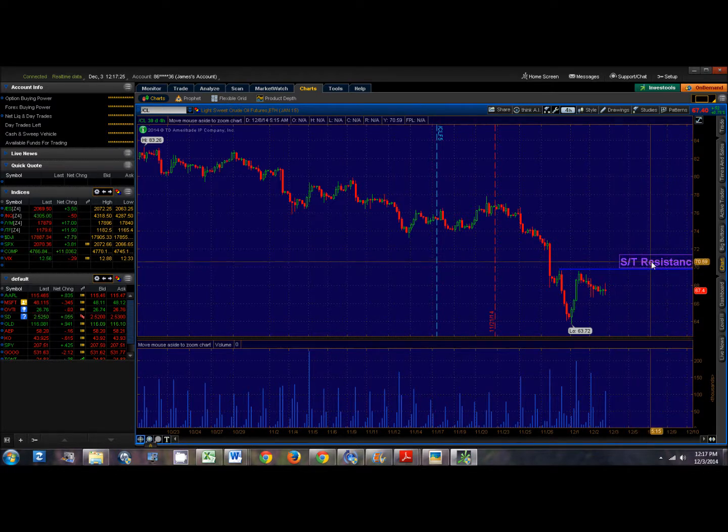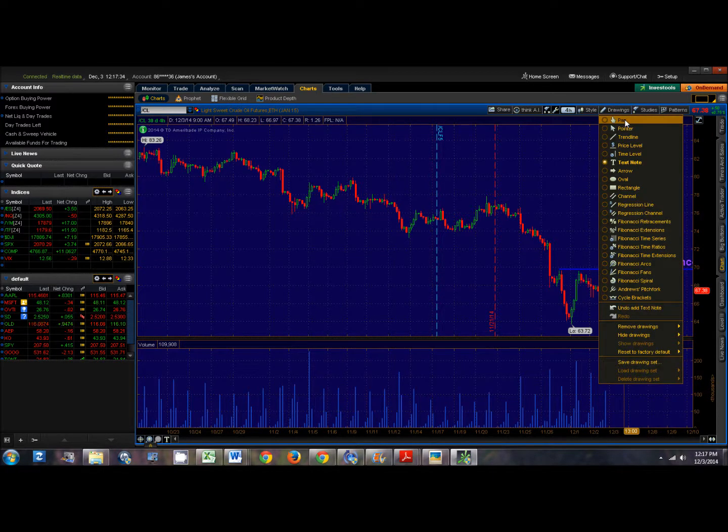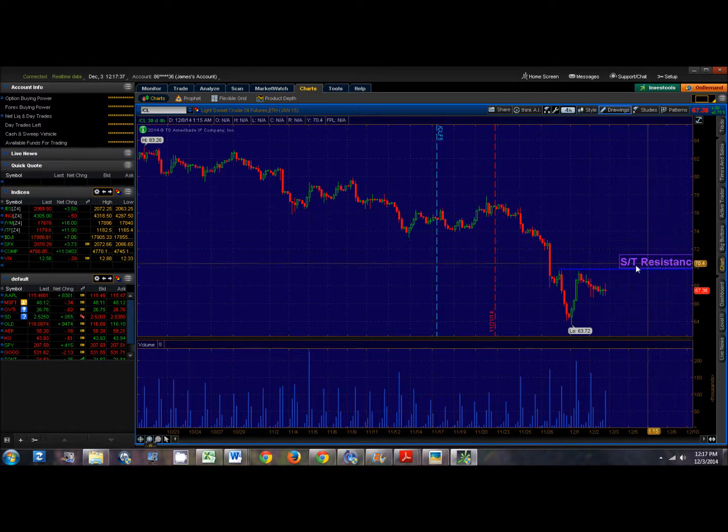Let me move that over. I haven't used the text note feature in Thinkorswim in a while. A lot of times I'll print off my charts and just use my handwriting. I'm not going to fiddle around with that too much, since I'm not that technologically savvy and it could take a really long time. So that says short-term resistance, and we'll go with that.